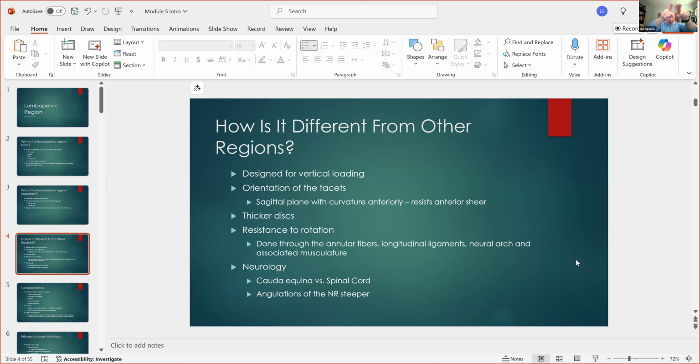The lumbar spine, because the cauda equina comes down like this, its angulation is steeper, it's more vertical before it exits, we can have more than one level affected. So we could have, say, an L4-5 paracentral or paramedian disc protrusion affect not just the L4 nerve root, but also potentially the L5 nerve root, right? So those sorts of things can happen.